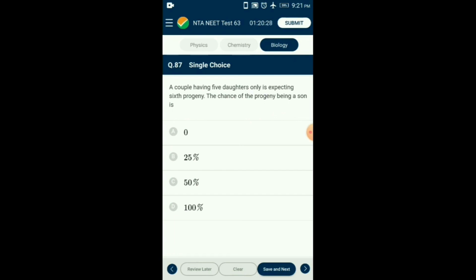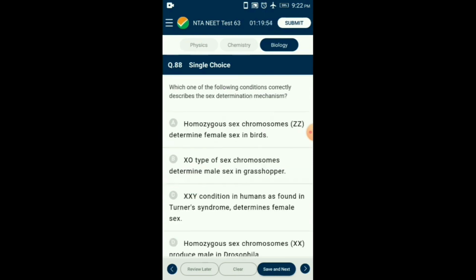Humans have 22 pairs of autosomes and a pair of sex chromosomes, which are XX in females and XY in males. So if we cross the parents, there is a 1:1 chance for a boy and a girl. So the answer is option C. It's 50%.